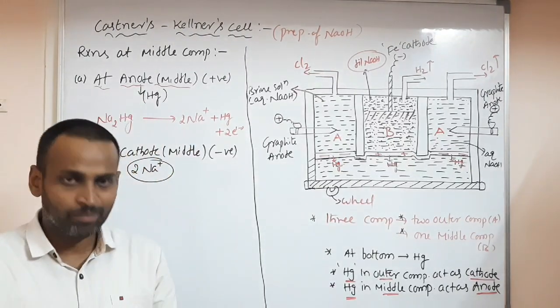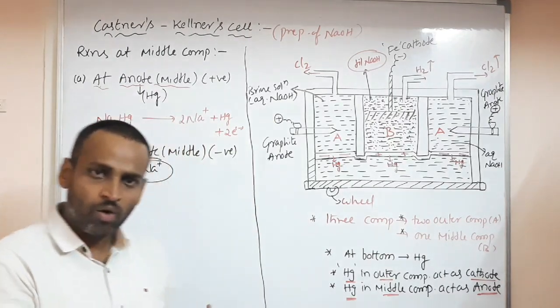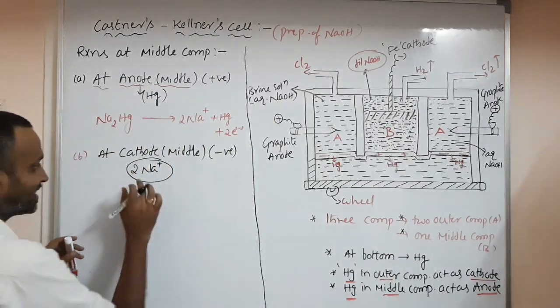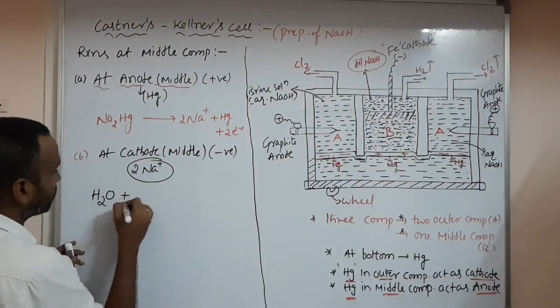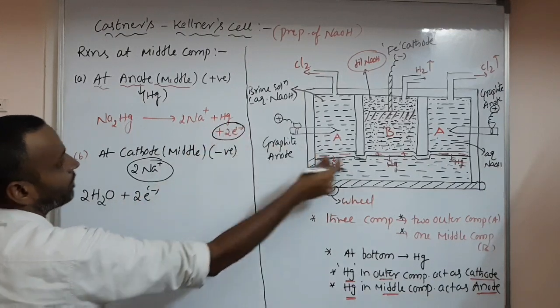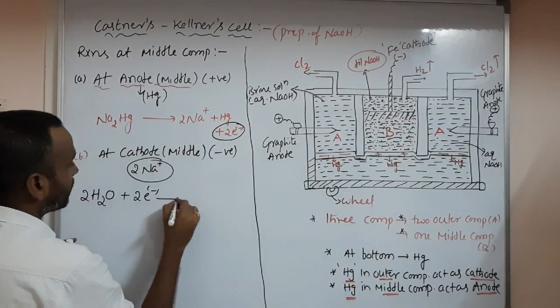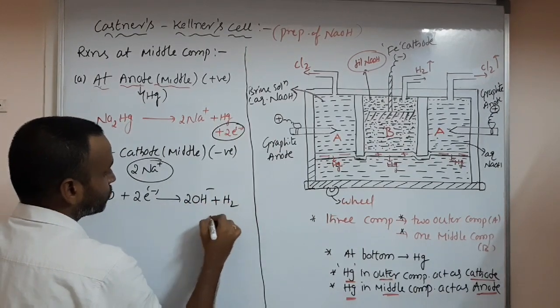Again, we have a comparison. Will water undergo reduction or will Na plus undergo reduction? Water will undergo reduction instead of Na plus. So if water is undergoing reduction, what happens? Everybody knows. 2 moles and 2 moles of electrons were transferred from anode to cathode and converted to 2OH minus plus H2.